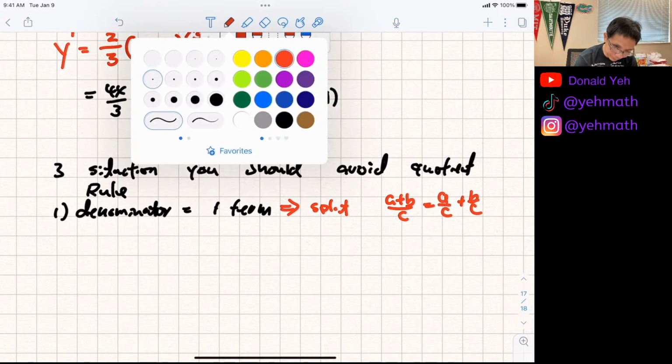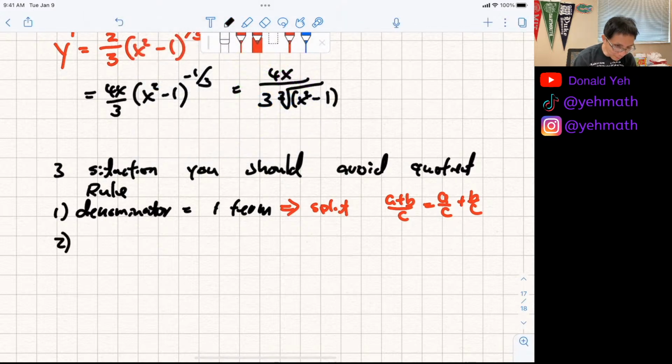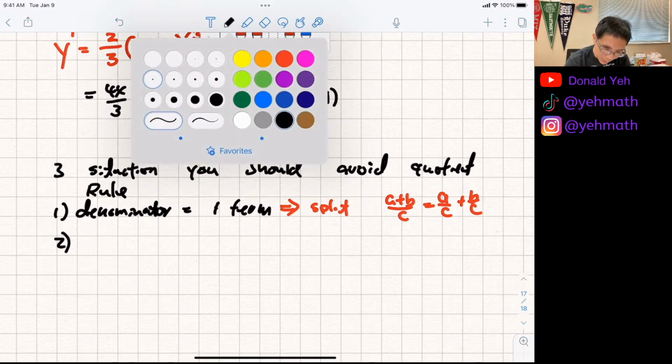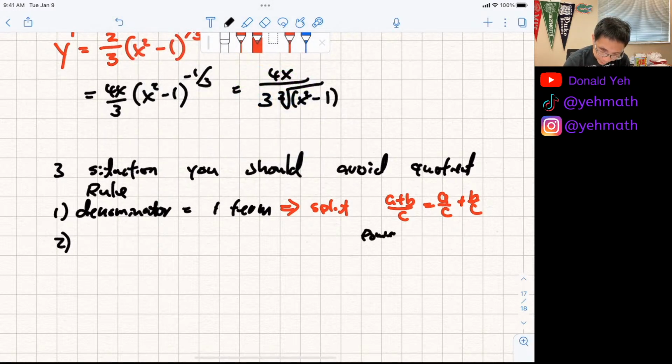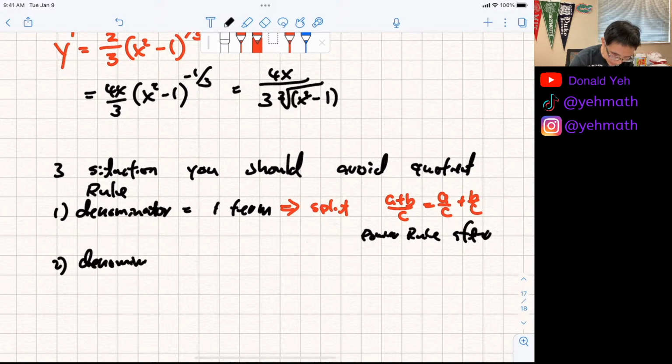Second, when the denominator is equal to 1 term, you can always split and take a derivative with the power rule. So you can follow with a power rule after.